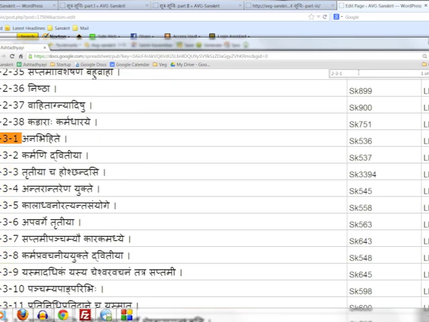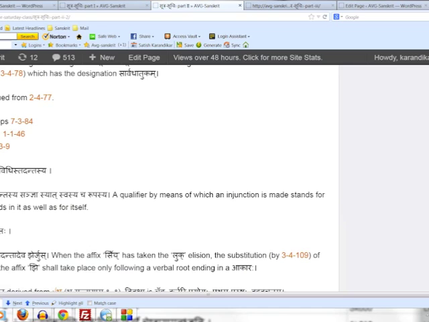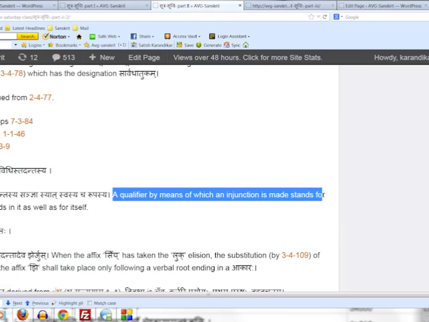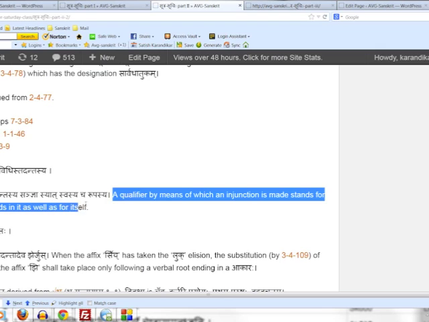Now why do we say a word ending in a krit affix? We know the Paribhasha Sutram 1172, which says Yena vidhistadantasya, a qualifier by means of which an injunction is made stands for a term which ends in it as well as for itself.